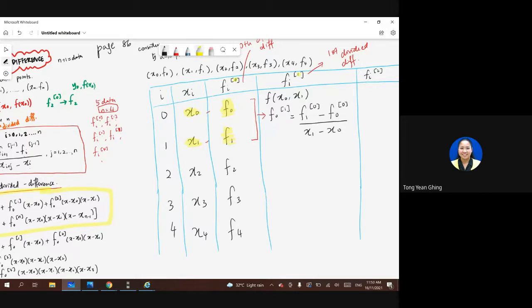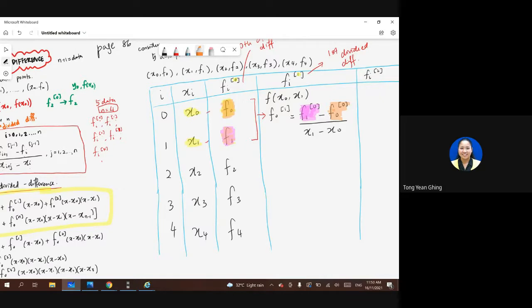Di mana kalau saya ambil, this one f1 at 0 divided difference is this one. And then f0 zero divided difference is this one.